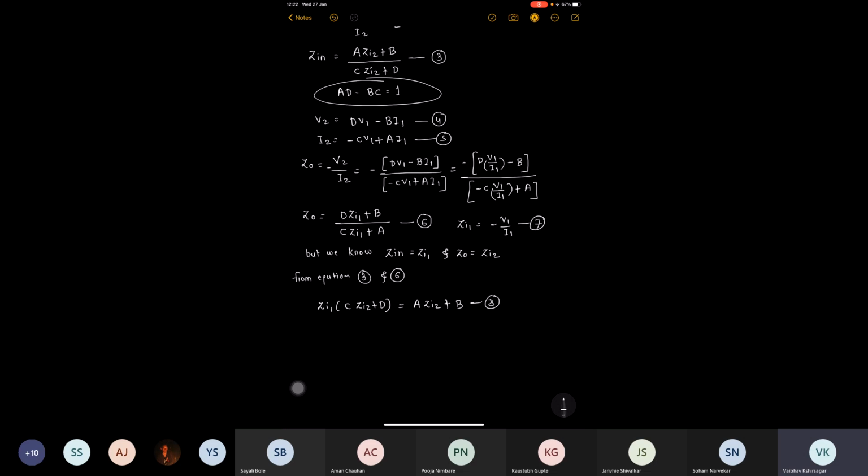And similarly from equation 6, comparing, we can write Zi2 into bracket C Zi1 plus A is equal to D into Zi1 plus B. Call this equation number 9.